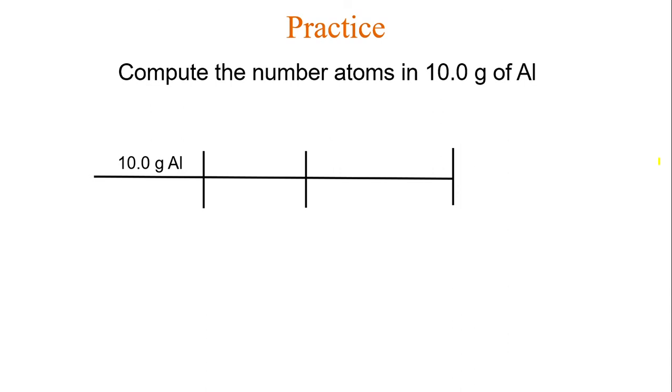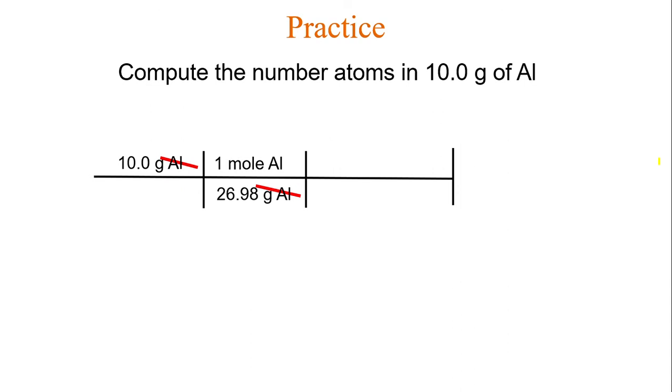Let's find out what is the molar mass of aluminum in the periodic table. Okay, give you a few seconds for that. That's right, 26.98. So remember, 26.98 AMUs per atom is 26.98 grams per mole of atoms of aluminum. That step gets rid of the grams, and now I am in moles territory.